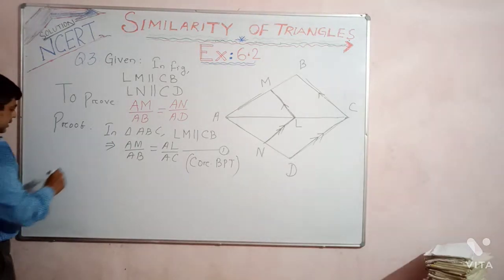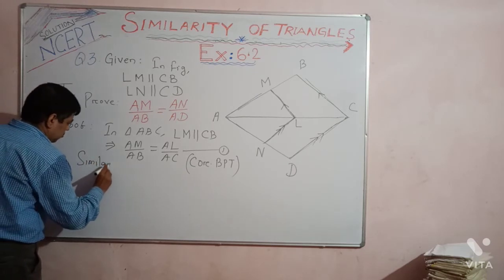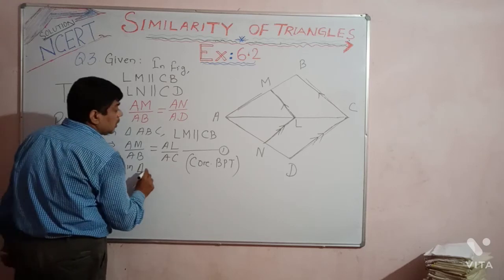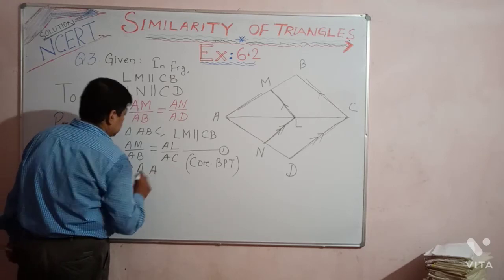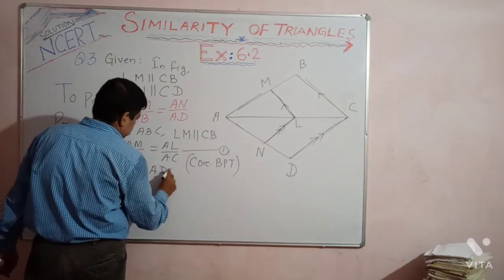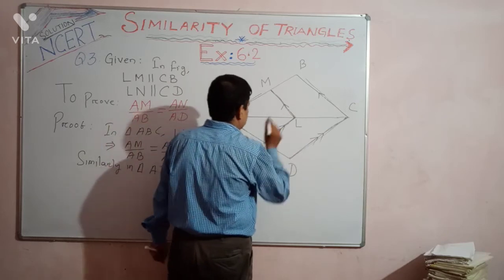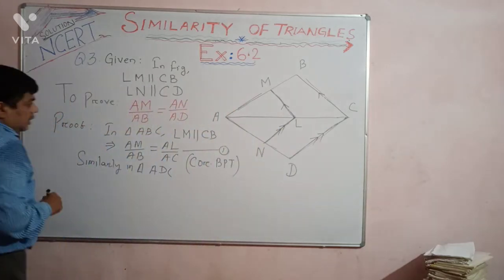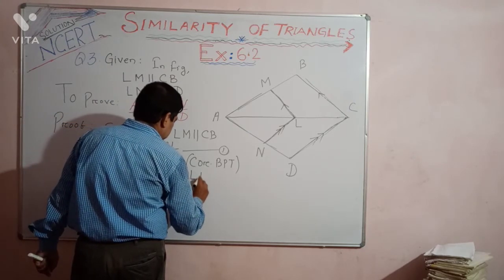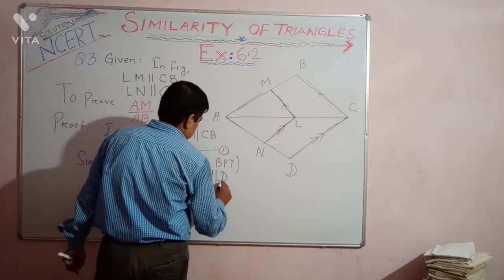Similarly, in triangle ADC, what is given? It is given that LN is parallel to DC.